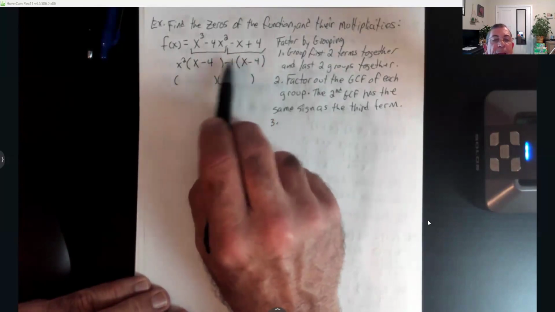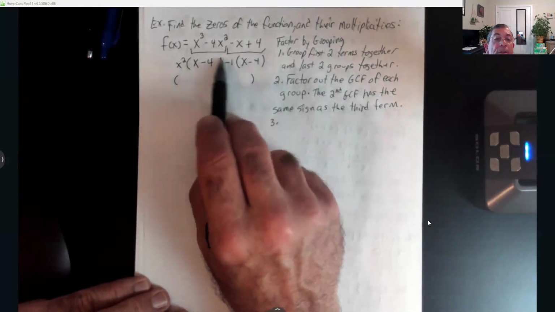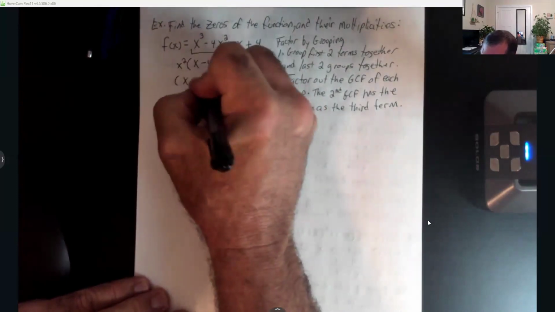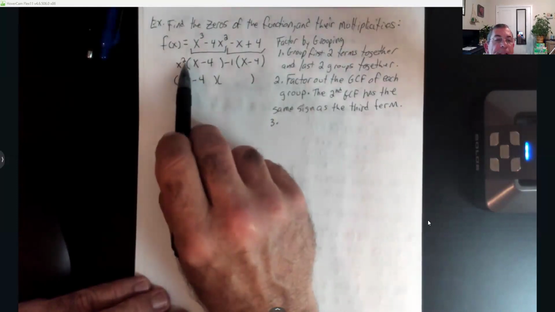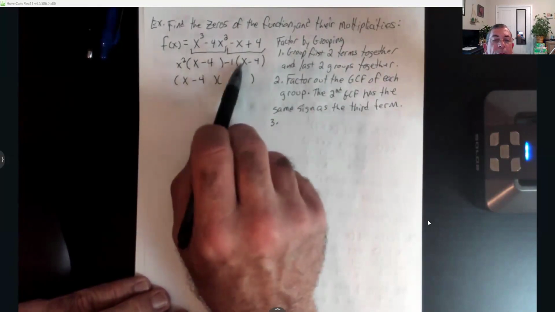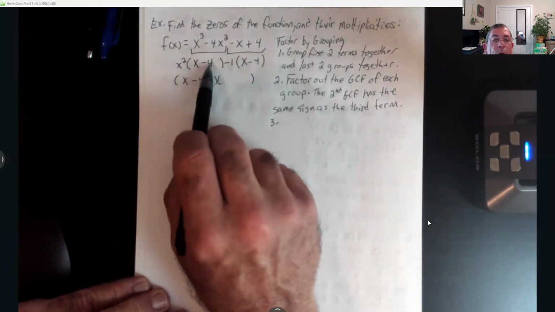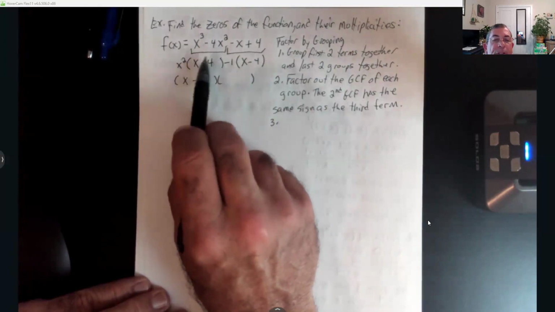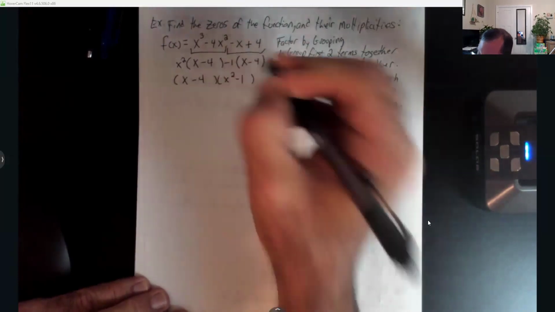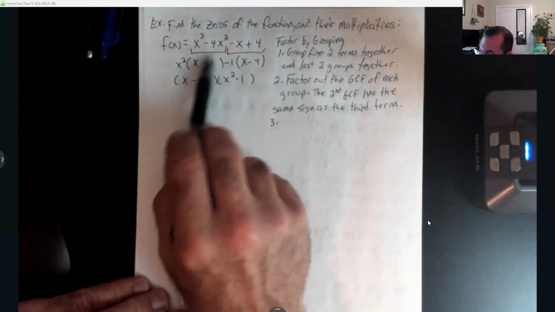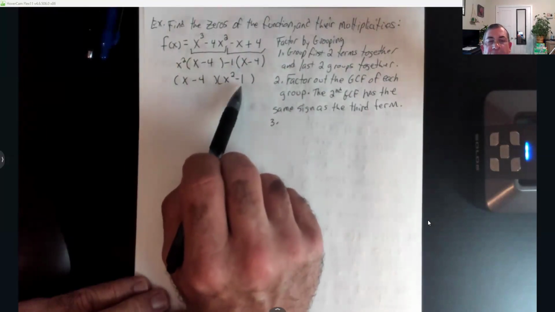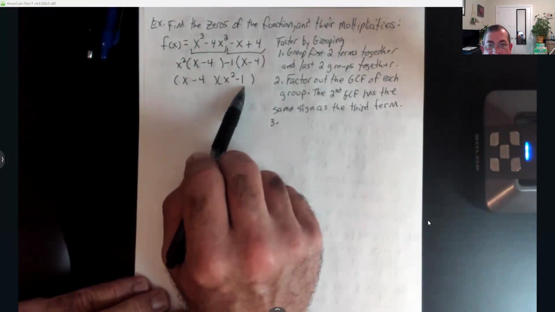Both of these have a x minus 4 in common. So you would factor out that x minus 4. The second parentheses is what's left. Well, what's left when you factor out the x minus 4s is the stuff on the outside, which is the x squared minus 1. So y'all, the inside stuff makes 1 parentheses. The outside stuff makes the second parentheses, okay?